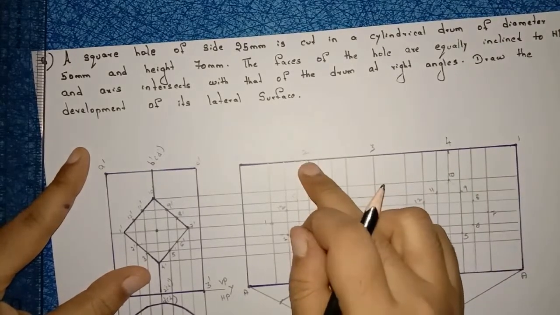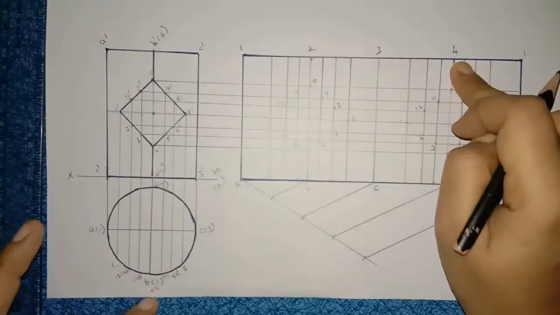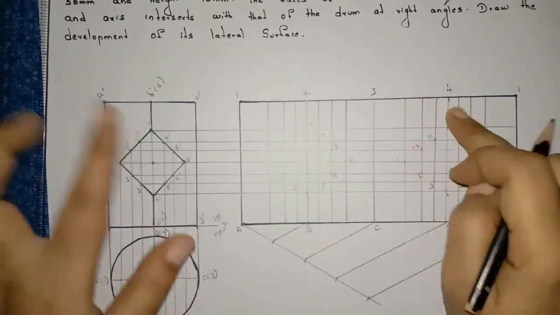Be clear that here B of 2 and D of 4 is the midpoint line.